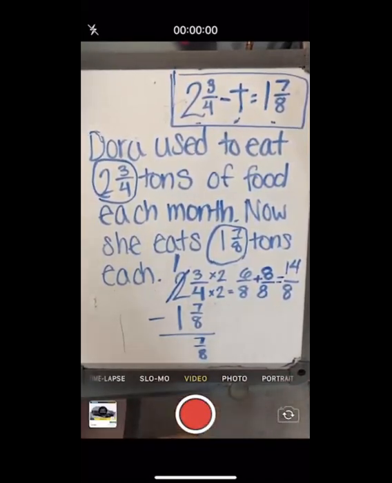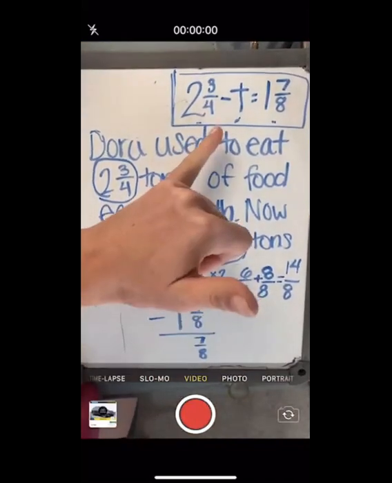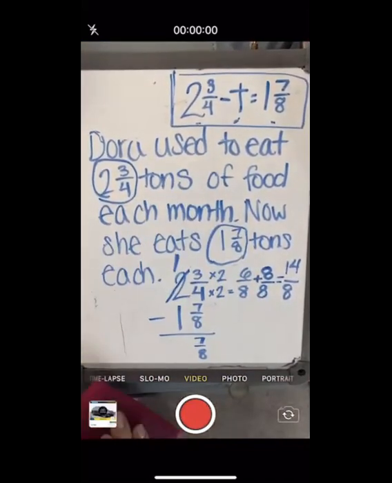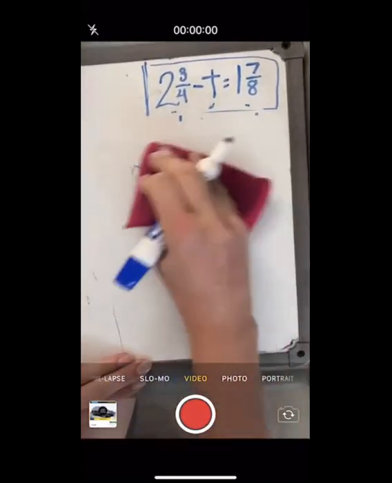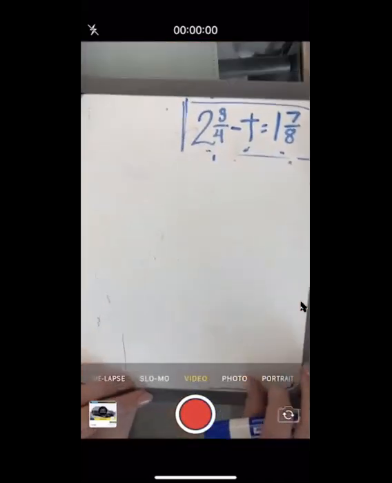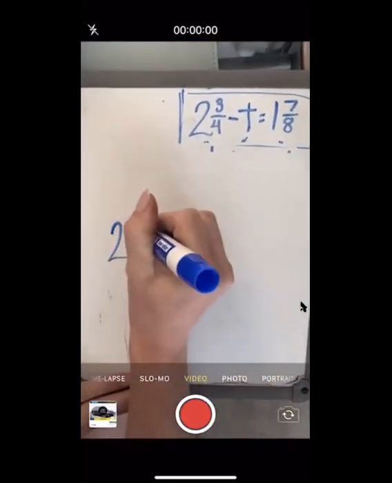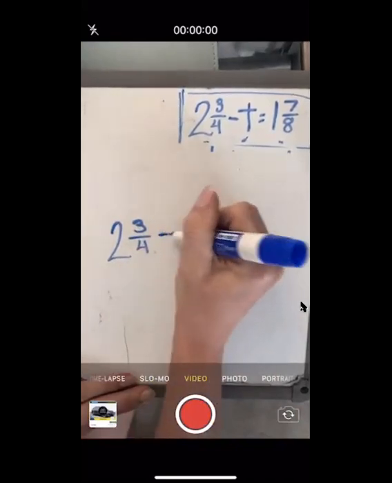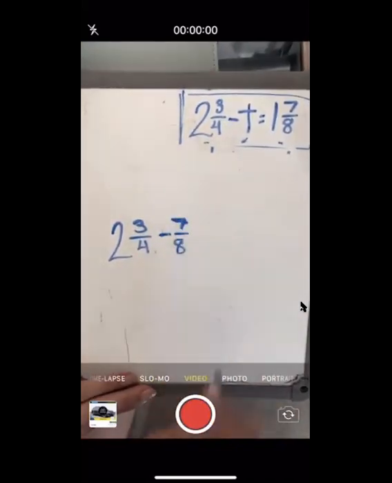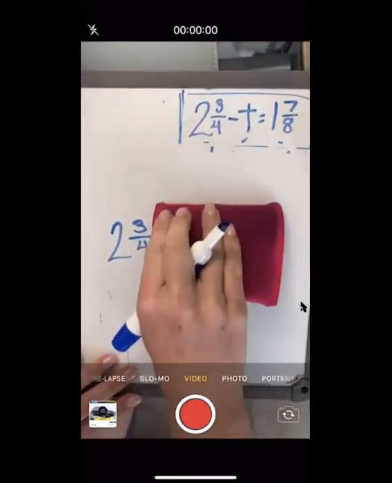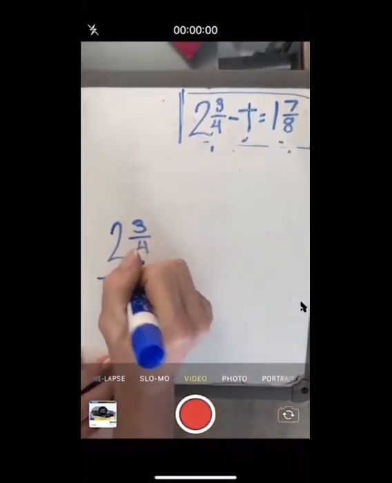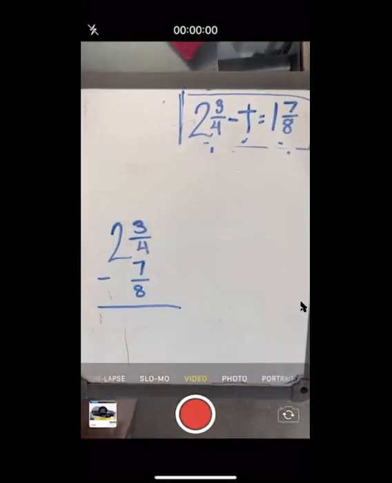So now, here's the cool thing: we came up with this equation, right? Let's double check that our work is correct. So we think 7/8 is the answer, right? I'm gonna leave this equation up there and we're gonna plug it into our equation. So we're gonna go 2 3/4 minus 7/8, and that should, if we did it correctly, give us 1 7/8. I want you guys to test it out.